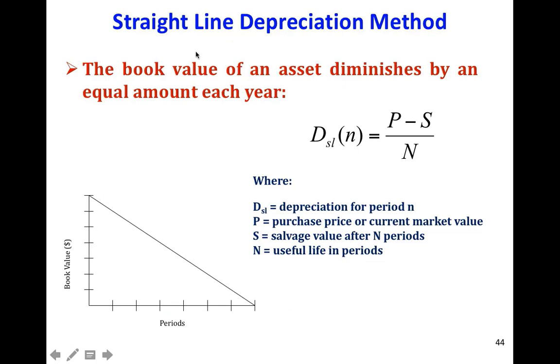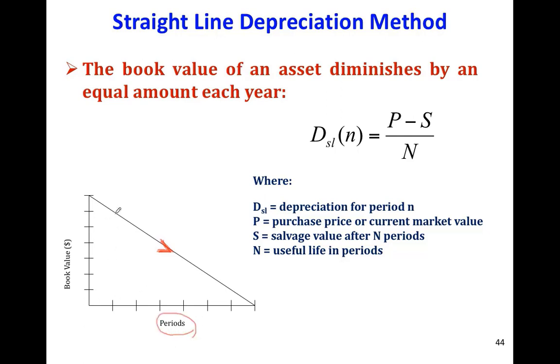As I said, we have several methods to find the depreciation. The simplest one is the straight line method, where there is a linear depreciation with the period of time.